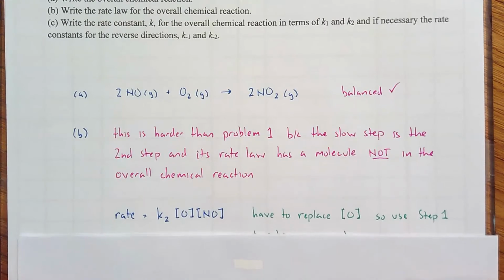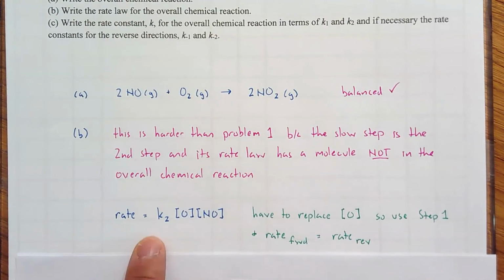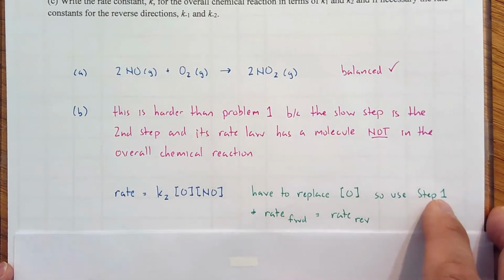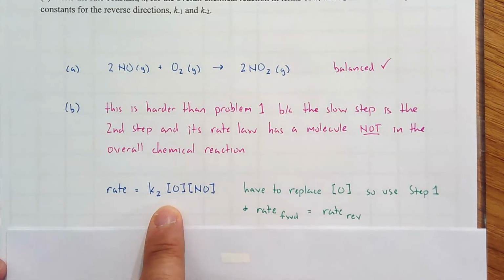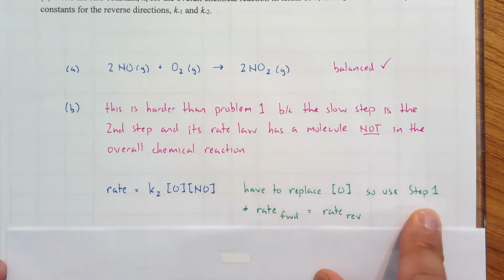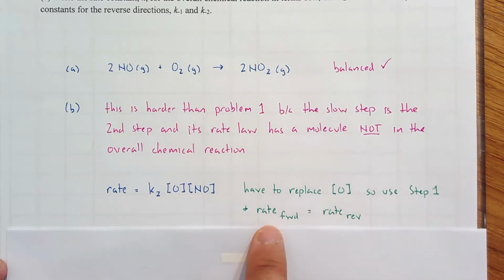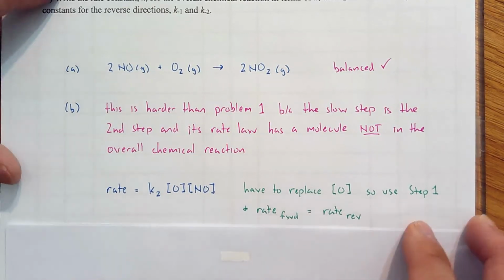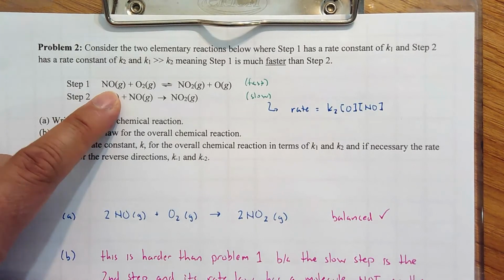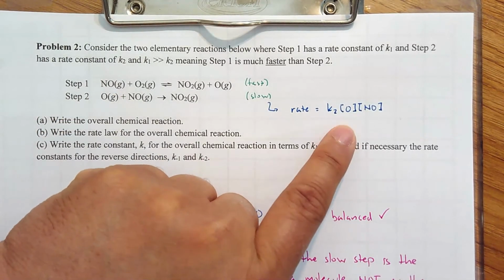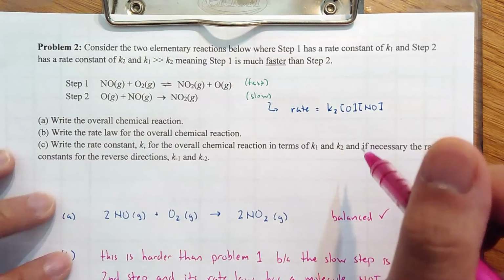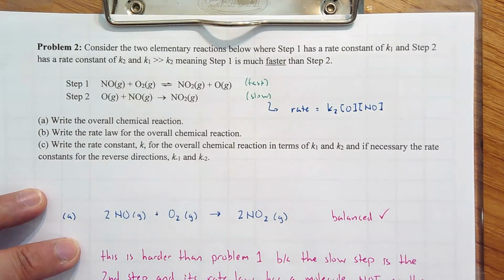So I wrote down the rate law for the second step, realizing that I have to replace this concentration of O. I'm going to use step 1 and the fact that the forward rate is equal to the reverse rate. So now I'm going to use the rate law for this to figure out how to replace this O. Okay, so how do I do that?